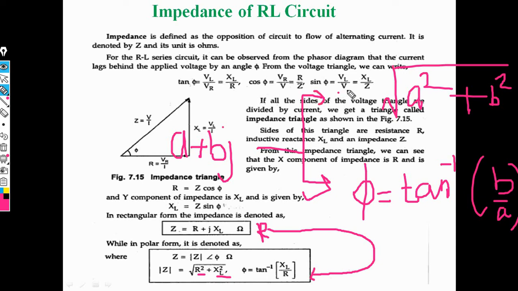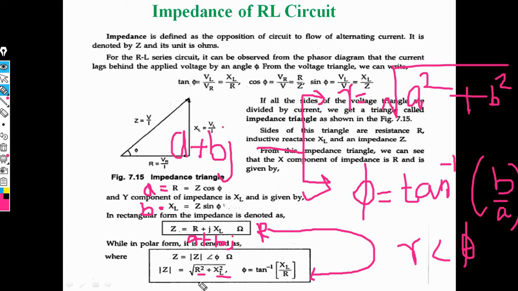This is the rectangular form, and we calculate the polar form, that is R less than theta. R is equal to square root of A square plus B square, and phi is equal to tan inverse of B upon A. Same procedure here. Consider A is equal to R and B is equal to X, that is A plus jB.